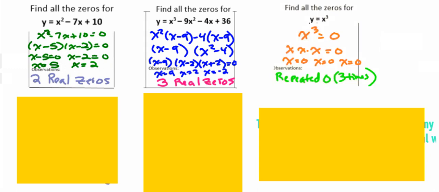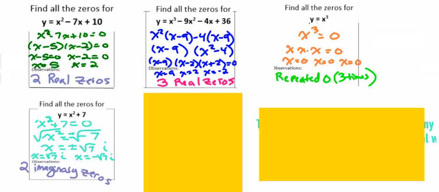And then with this one, it looks weird when I write it this way: x equals 0, x equals 0, x equals 0. It's a repeated 0. We talked about repeated zeros. Since it's repeated 3 times, that's technically saying we have 3 zeros. They're the same zeros, but there are 3 of them, right? And down here, this one we haven't technically done yet.